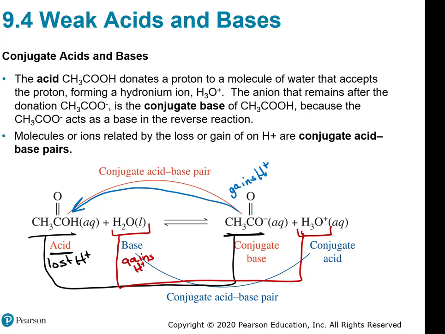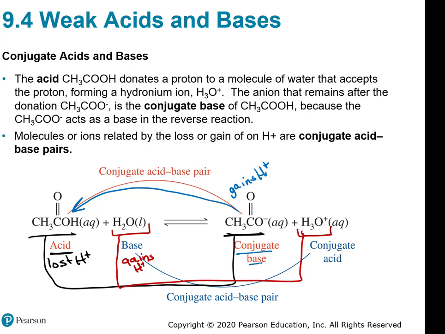But on the product side, they don't want to call it the base because then it gets confusing as to which one's which. So the forward reaction gets identified as the acid and the base. The reverse reaction gets identified as a conjugate acid or base. So notice the conjugates are on the product side. The conjugate base is the product that gains the hydrogen ion.